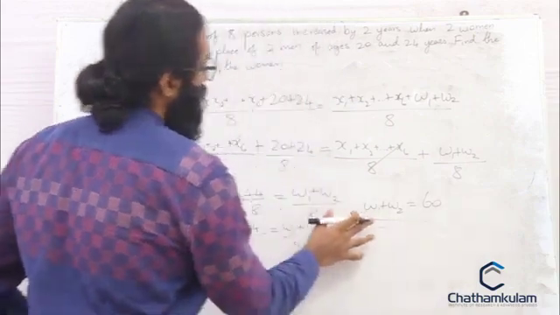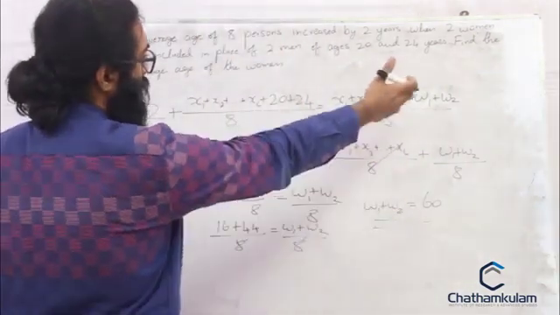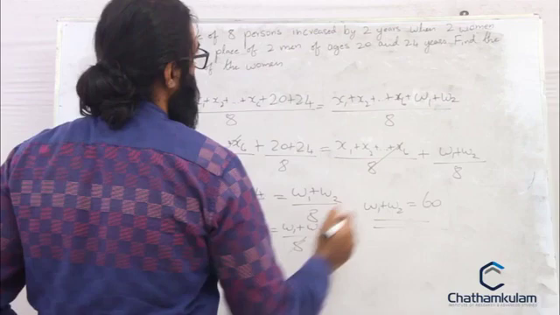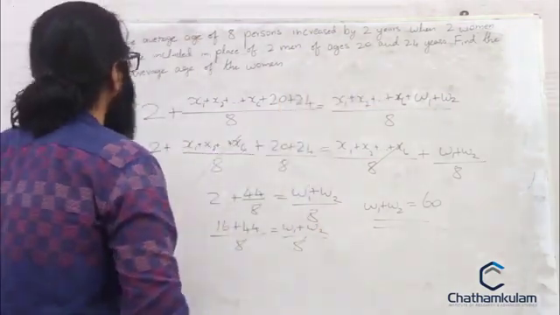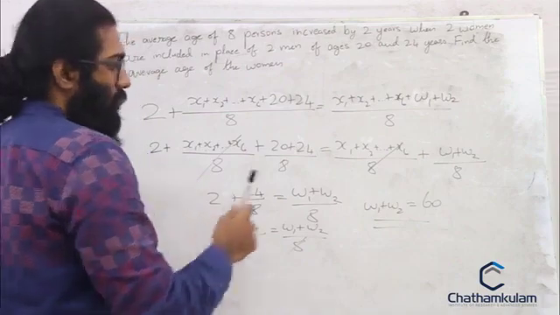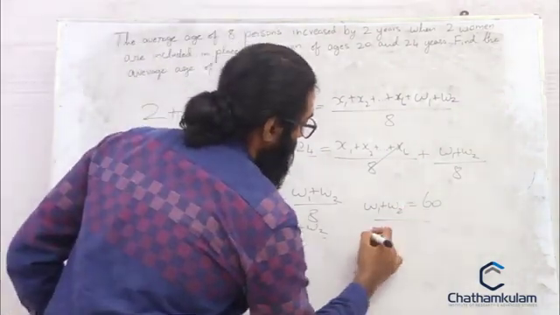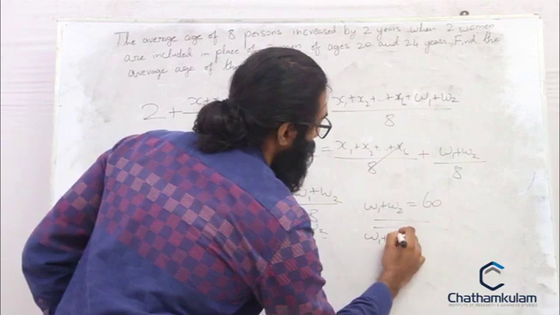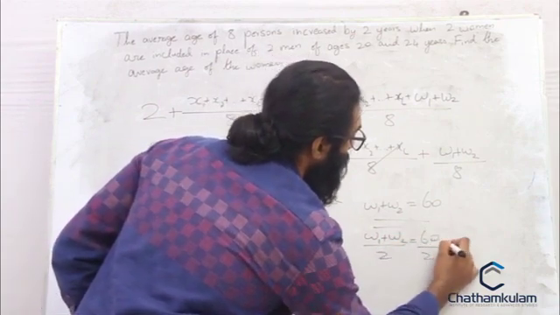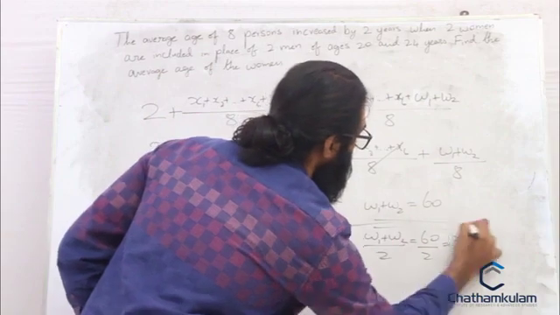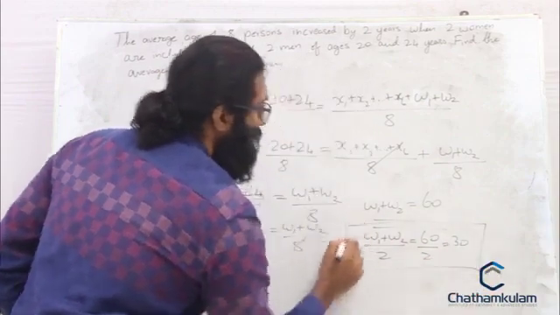So the age of W1 plus W2, that is the age of the 2 women, is equal to 60. So what is given in the question? Find the average age of the women. So we can take this average as W1 plus W2 by 2, that is 60 by 2 equals 30. So this is our answer.